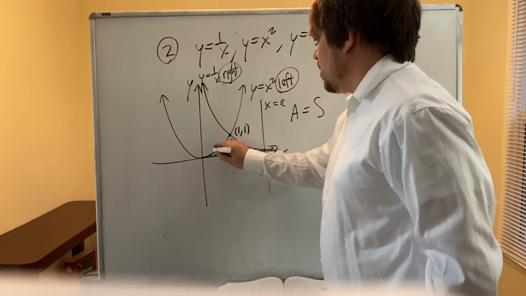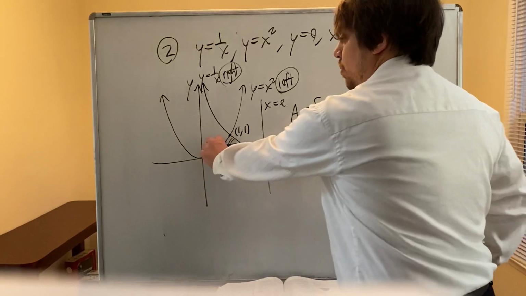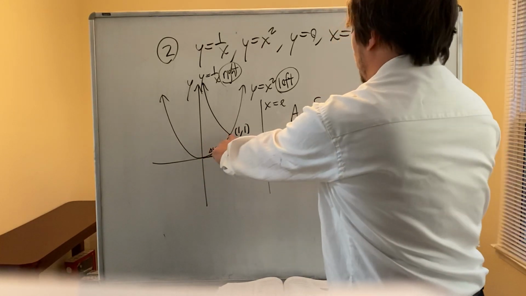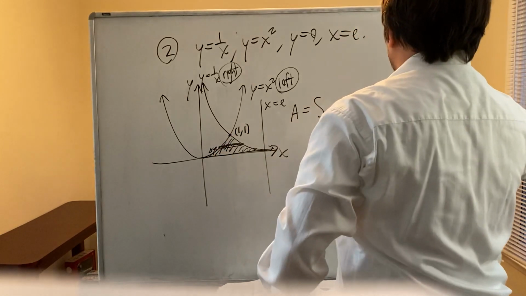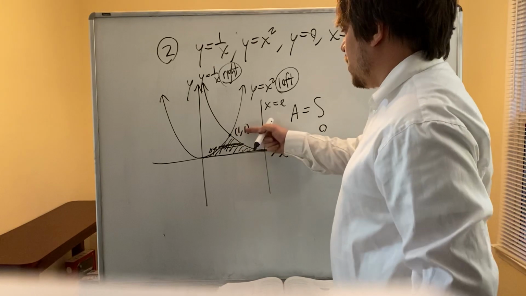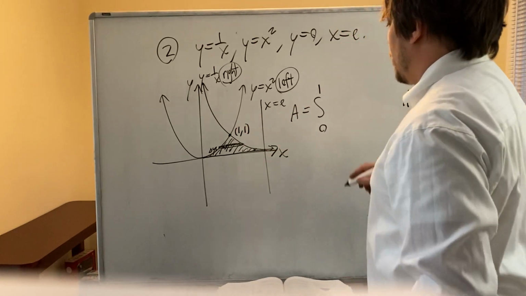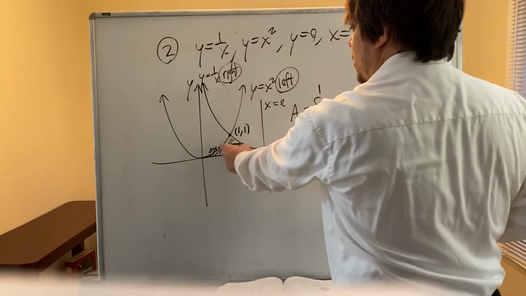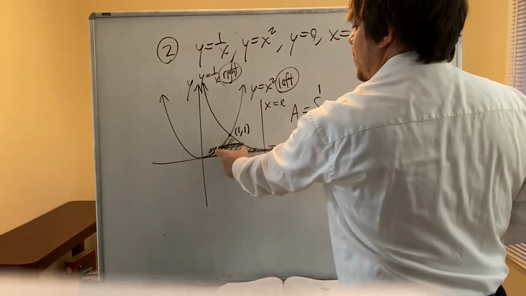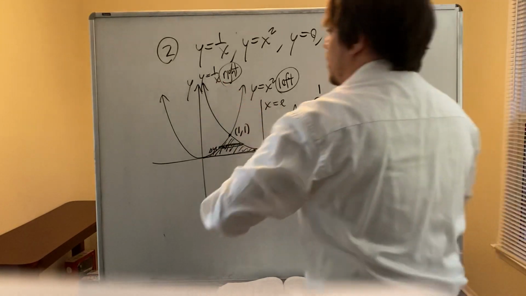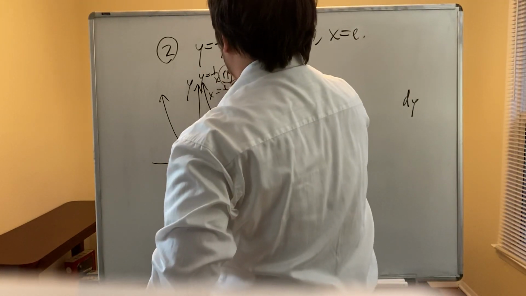This is a delta y, the width. It's vertical, so the length is a change in y values, and so we're integrating with respect to y. The y's range from 0 to 1. Now this is a difference of x values, and each x value has a corresponding y, so x equals 1 over y.